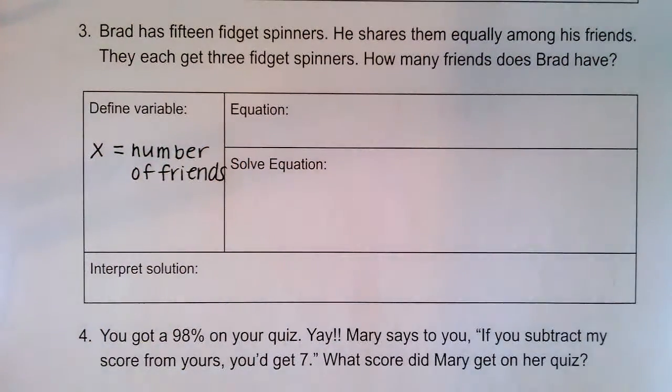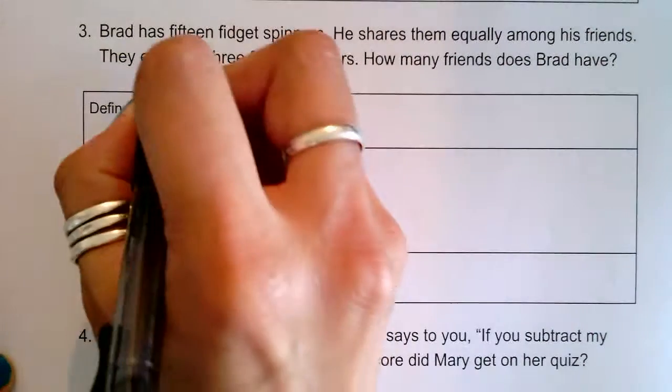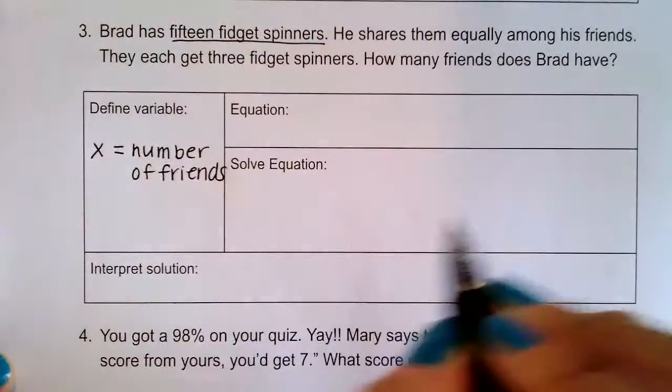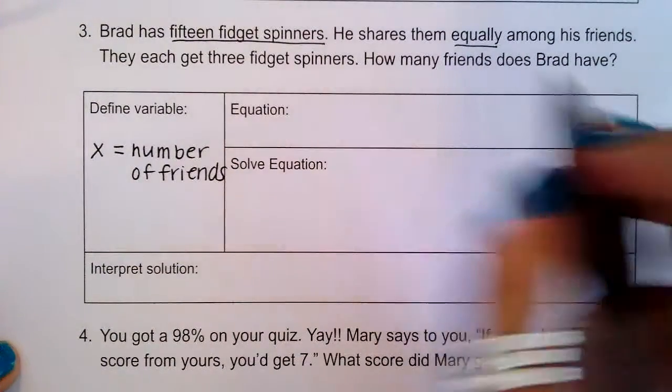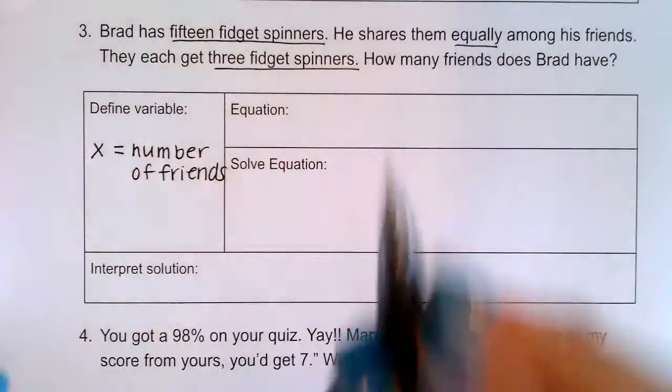So we now need to think about the equation that would represent how many friends Brad has, and we're going to look at the information we have in here. So he has a total of 15 fidget spinners. He shares them equally, that's important, among their friends, and they each get 3 fidget spinners.